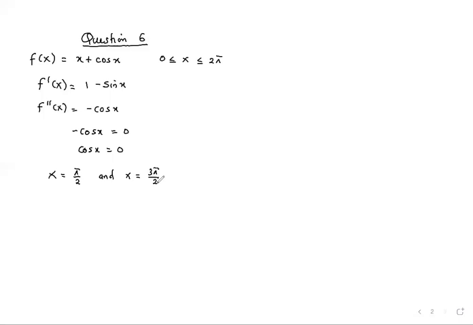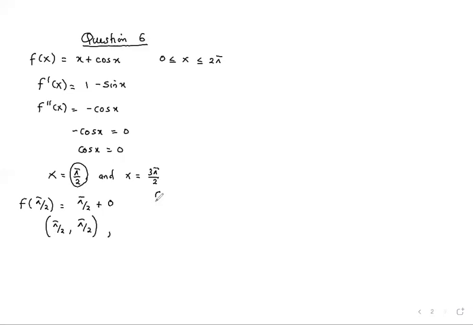So when you get this, you go back to the original question and say f of pi over 2 is pi over 2 plus cos pi over 2, which is 0. So we just get pi over 2, comma pi over 2 as the first point.